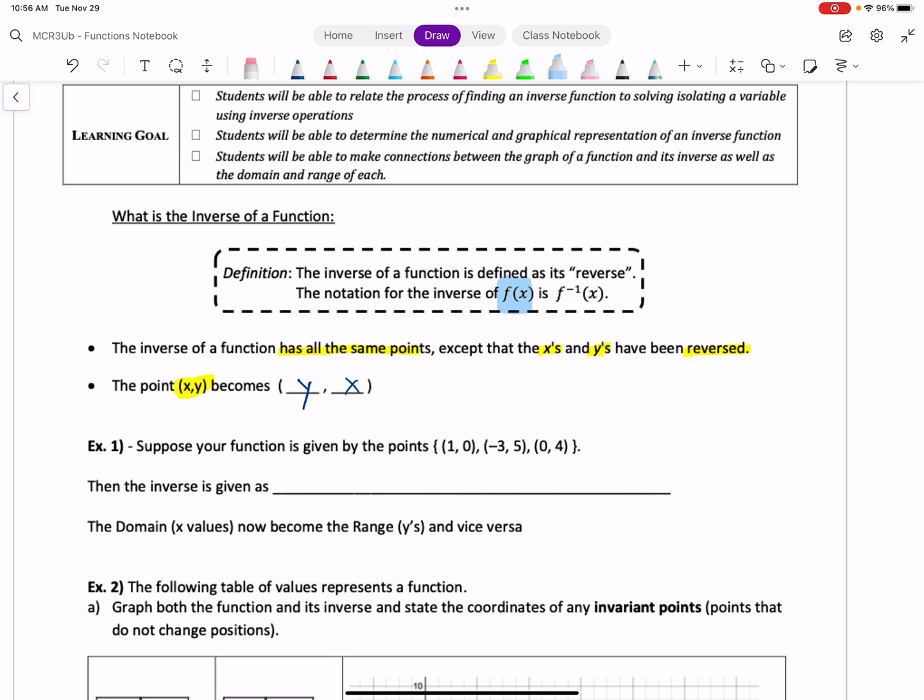The notation of the inverse becomes f to the negative 1 of x. But what's really important to note is that this is just notation. It doesn't mean that this is an exponent. It just means that you're representing the inverse of something, in this case f of x. And we'll look at that and talk about it a bit more as we go through.